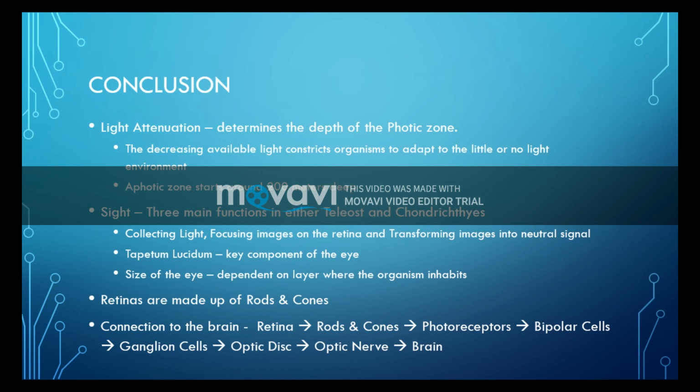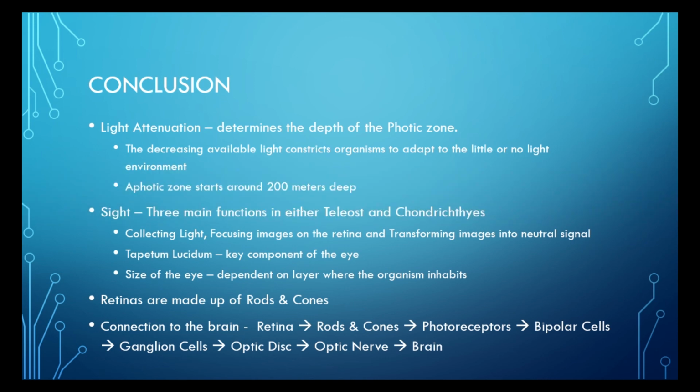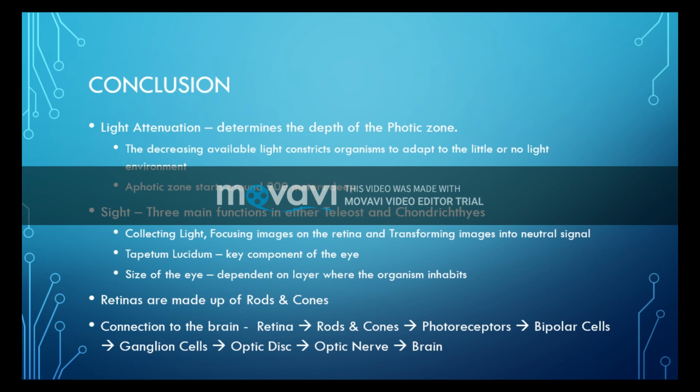First is collecting light, second is focusing images on the retina, and third is transforming images into neural signals. Also, the tapetum lucidum is a key component of the eye, as it reflects the extra light into the retina so that the rods and cones can identify what's happening.